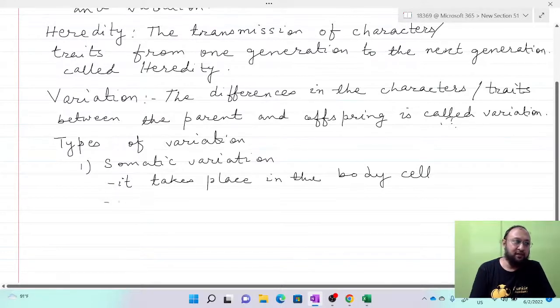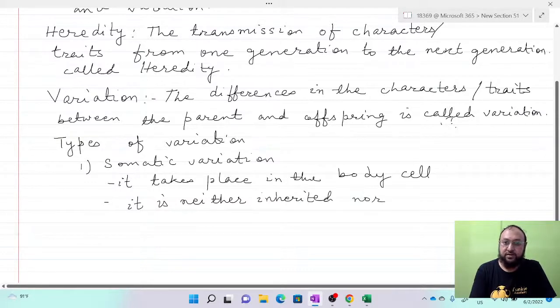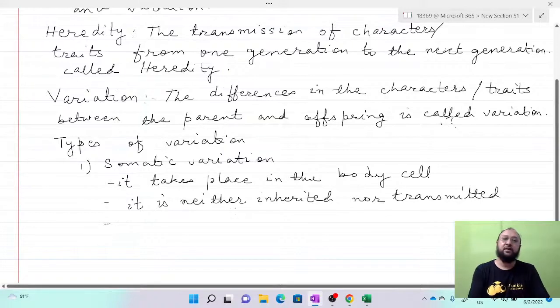It is neither inherited nor transmitted. That means it is not transmitted and inherited.